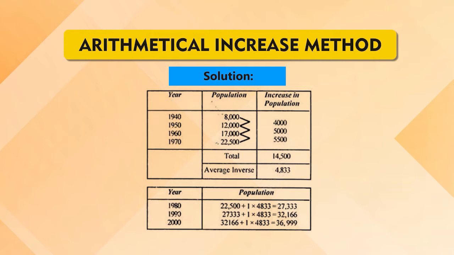So the answer comes to 32,156. In a similar way, we calculate for 2000, keeping the known population P of the last decade, the 1990 population already calculated, and in place of the number of decades we put 1 and multiply by the average increase, which is 4,833. So the answer comes to 36,999.